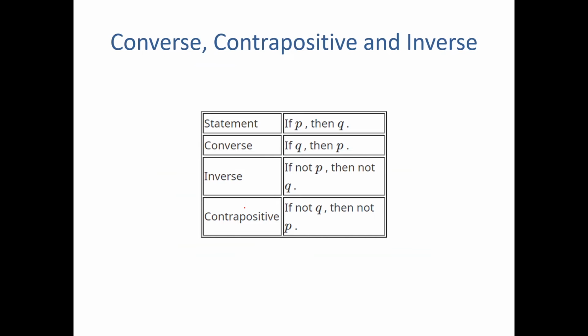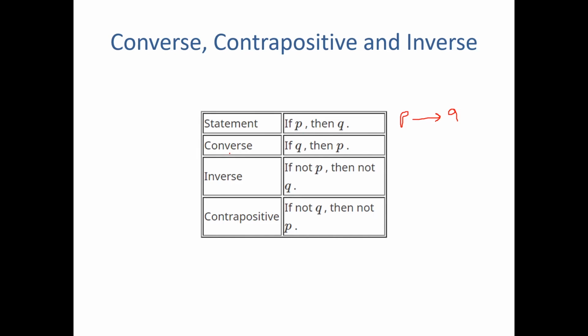So the last idea for this recitation, or last bunch of ideas: converse, contrapositive and inverse. Let's say we have our original statement, which is if P then Q. Remember, this is implication. We have these definitions.